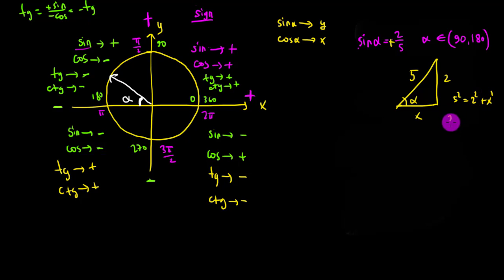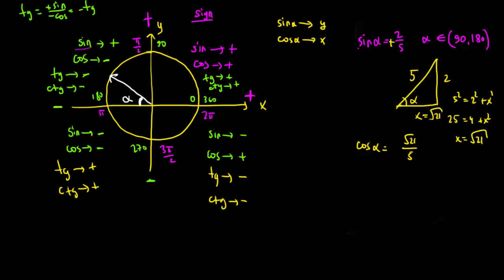Then you get 25 equals 4 plus x squared. So x is square root 21. So this is square root 21. So cosine, what is cosine here? Cosine alpha would be square root 21 over 5.